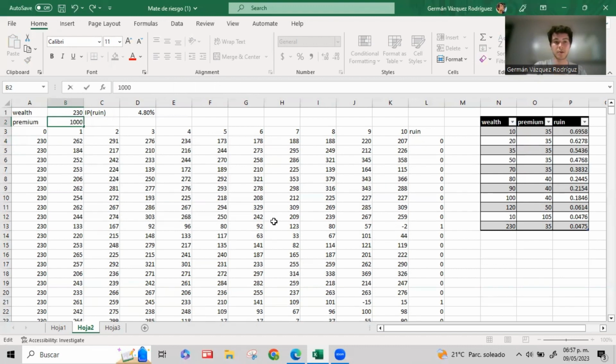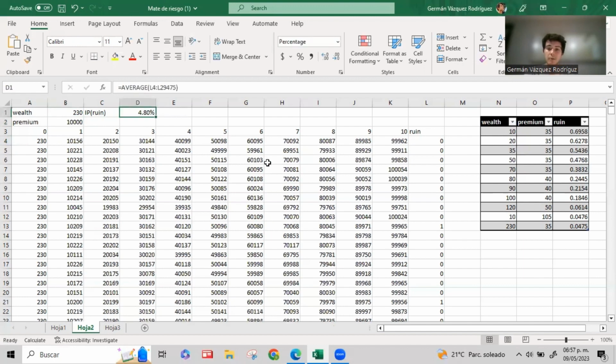We can charge 10,000, and the probability of ruin is going to become 0. Give that time on the laptop to process 0. As well as if we increase our wealth. Why? Because if we have a lot of wealth, the 10 experiments are not enough for us to go to ruin.